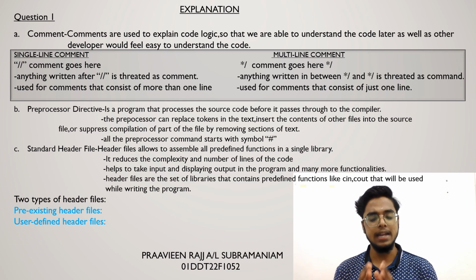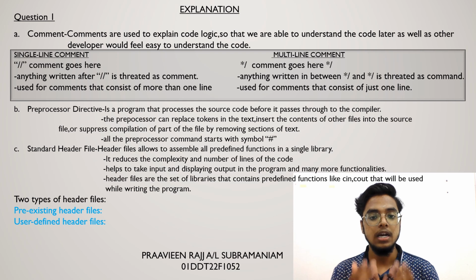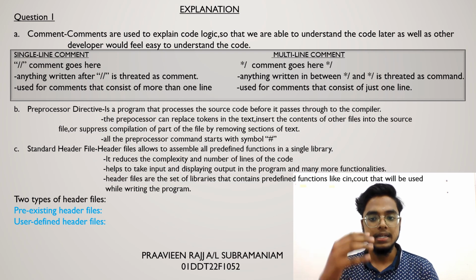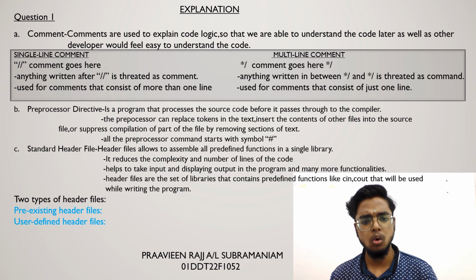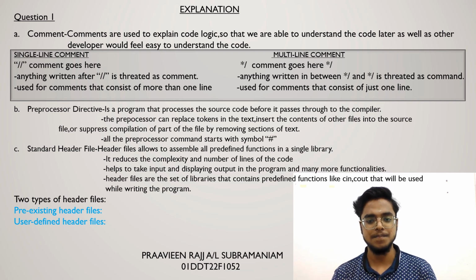The preprocessor can replace tokens in the text, insert the contents of other files into the source file, or suppress compilation of part of the file by removing sections of the text. All preprocessor commands start with the hash symbol.